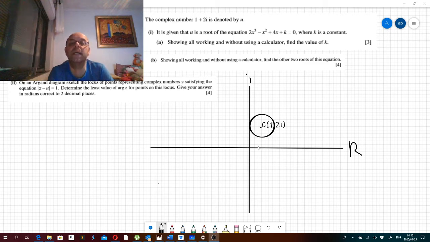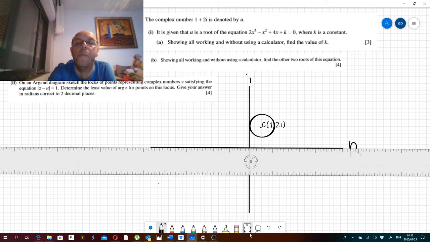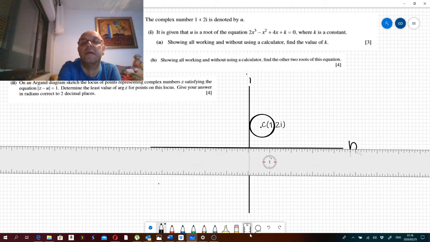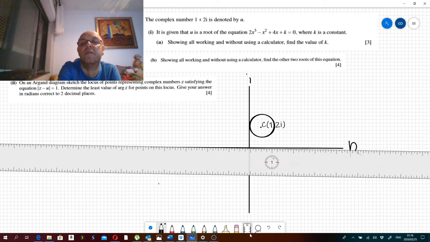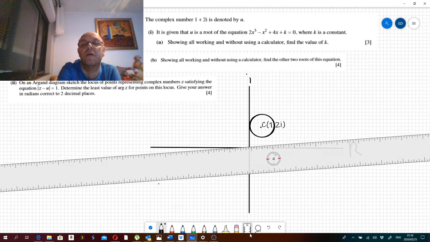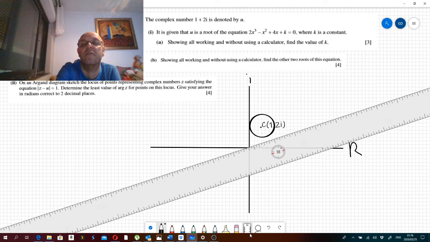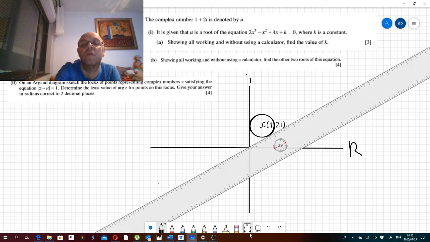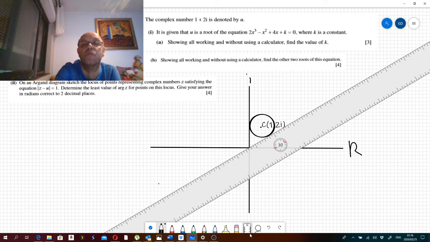So what they're saying is, if I draw a straight line, and let's use a ruler for this, from my origin, and I move my ruler, what is this angle over here where it just touches, or makes a tangent with, this circle?